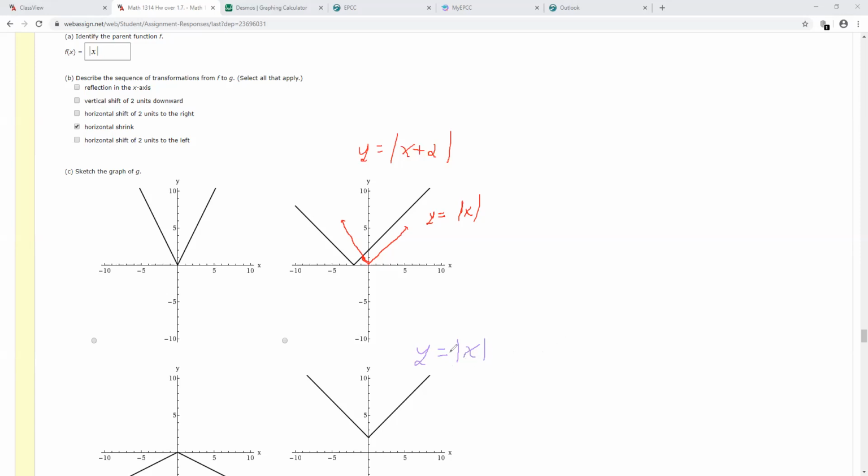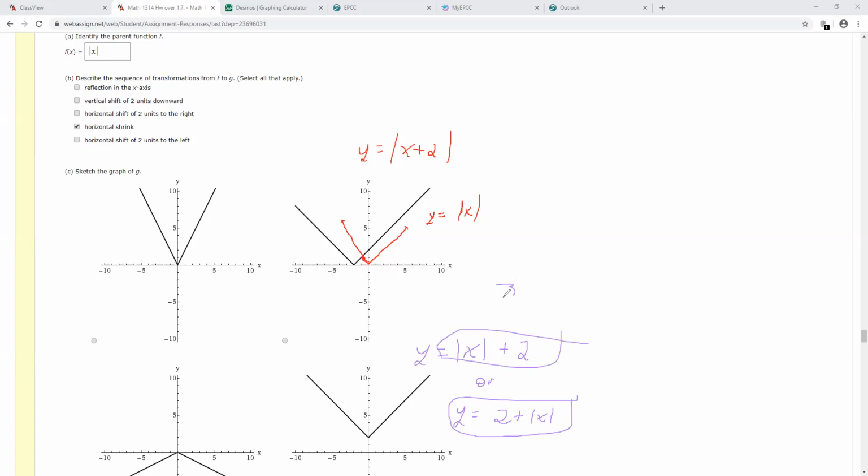You can write it in the front or in the back, it doesn't matter. And you do what it says. So this is up 2, so you would say addition of 2. Or you could put that addition of 2 in the front and write it this way. So these are the same thing.